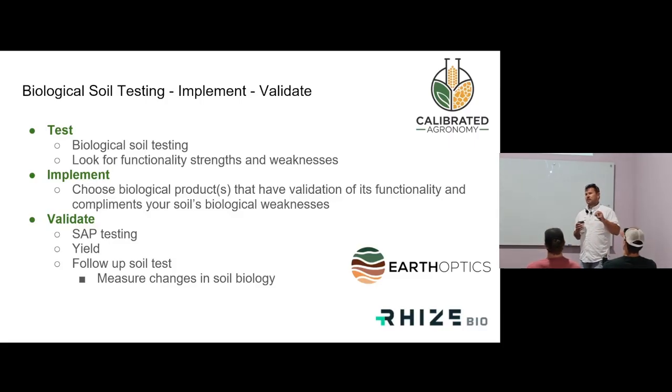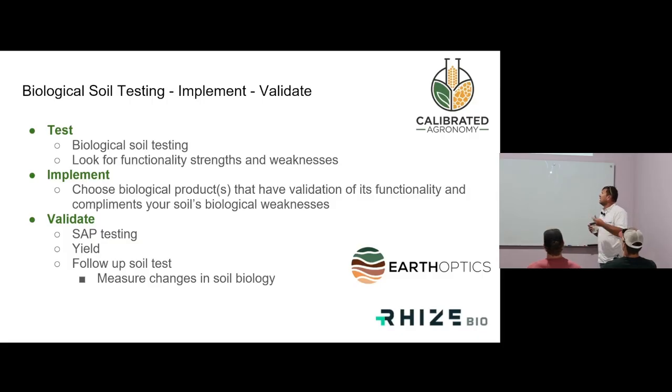I think we've got to look deeper and use data to uncover from a biological perspective what the strengths and weaknesses of our soil are. We use Earth Optics and also RiseBio to uncover how we can do better. What is the strength of our farm currently? What are our weaknesses? Then we can go look for products that align with our weakness.